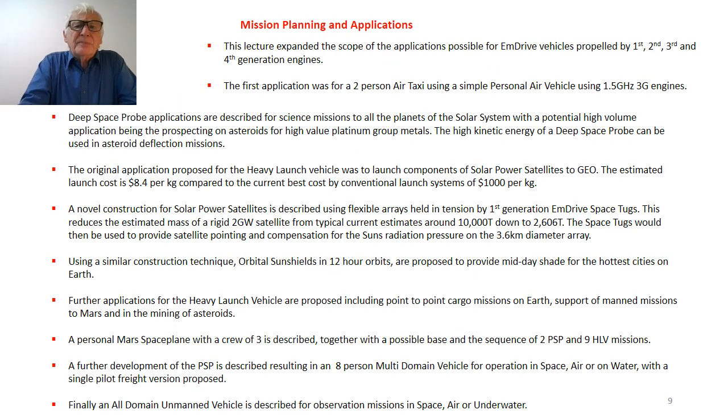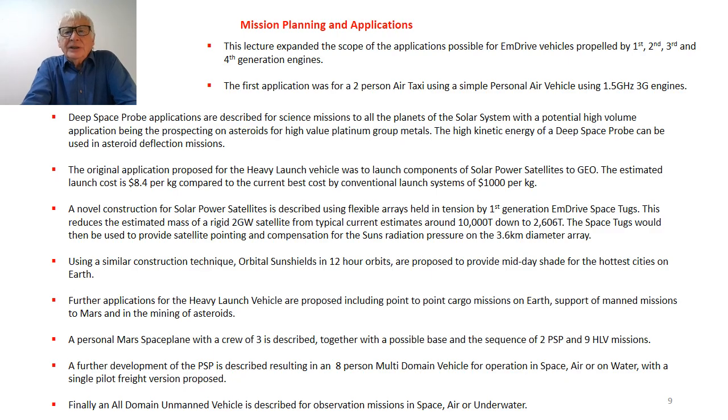This lecture expanded the scope of applications, and the first one we described was a two-person air taxi using what was essentially a very simple personal air vehicle using 4 fixed 1.5 gigahertz third generation engines. We then moved on to fourth generation engines using a deep space probe, where you could fly science missions out to all the planets of the solar system.